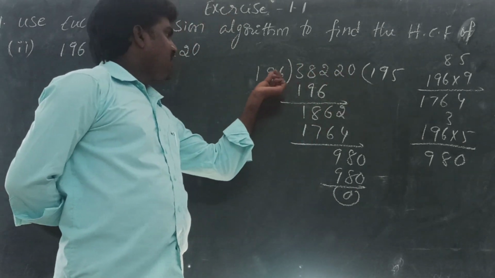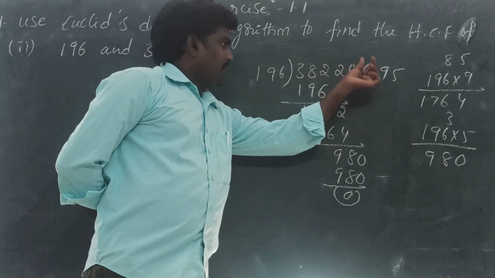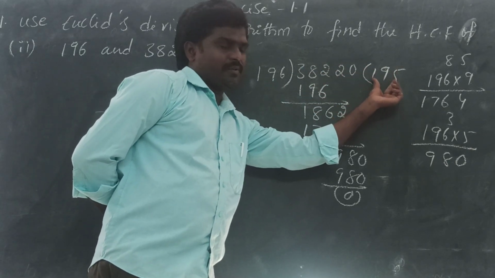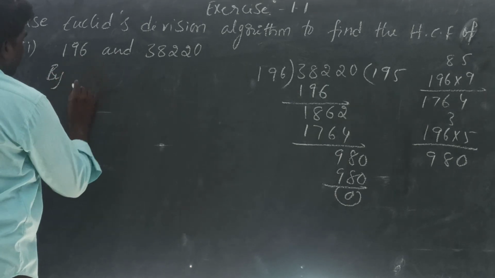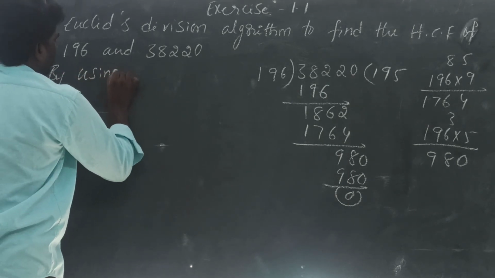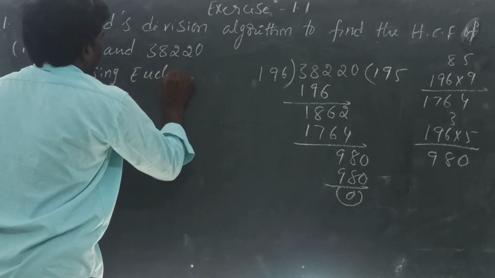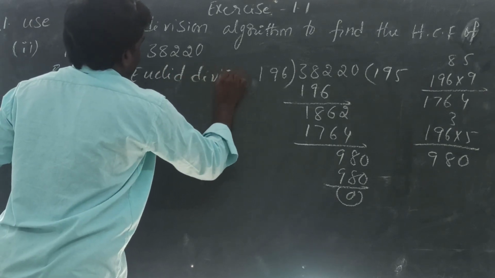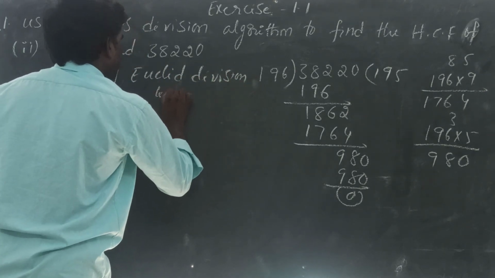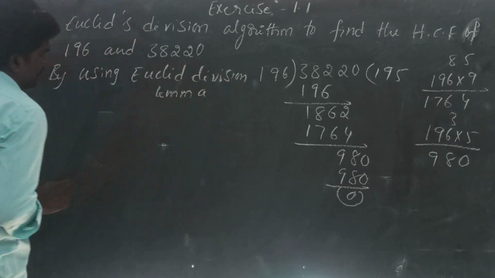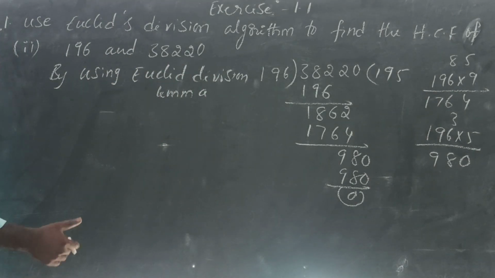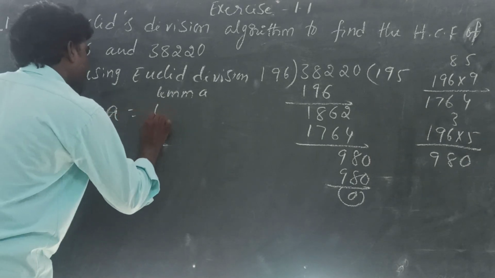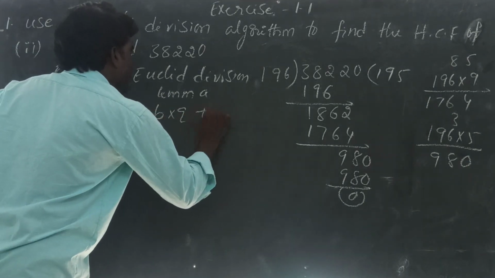Here, what is the dividend? 38,220. Divisor 196, quotient 195, remainder 0. So by using Euclid division lemma, what is the Euclid division lemma? Dividend is equal to divisor into quotient plus remainder. a is equal to b into q plus r.